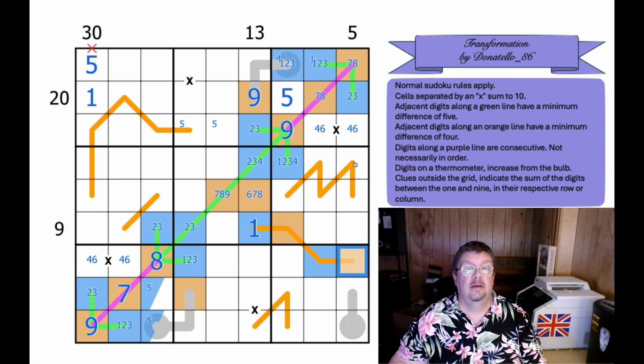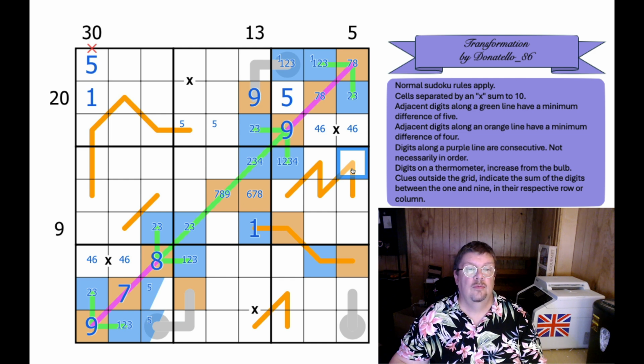Where can I put a 9? If I put a 9 there, that would be 5 and that would be 1. So that can't be a 9. If I put the 9 there, that would be 5 and that would be 1, but it's the wrong polarity. If I put a 9 there, I can't go that way. So that would be 5 and that would be 1.